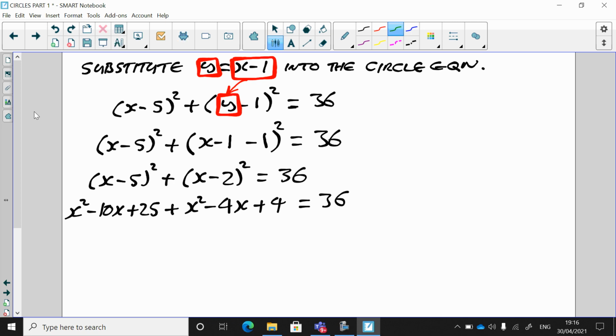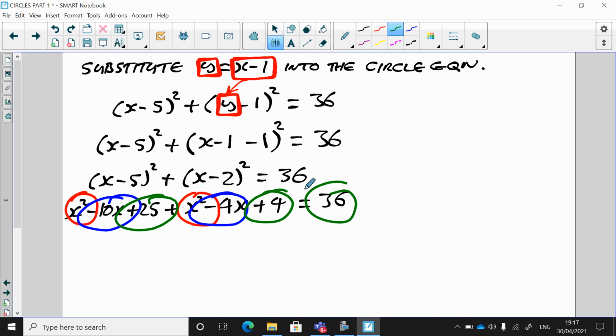There you go. Next line. And so I'm going to group like terms here. So what I've done here is I've got x squared, that's 2x squared. I've got negative 10x, negative 4, that's negative 14x, and use a different colour pen, Tommy. 25, 4, that's 29, but I need to take away 36, because I'm going to take that over this side, so that's what I'm doing here.